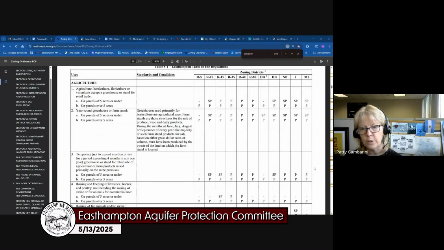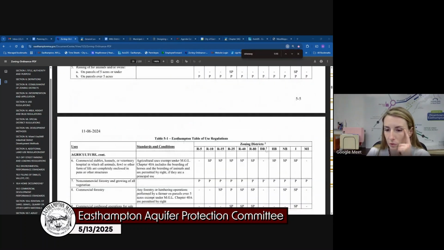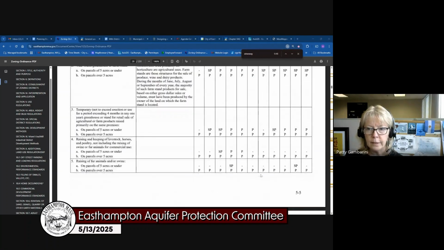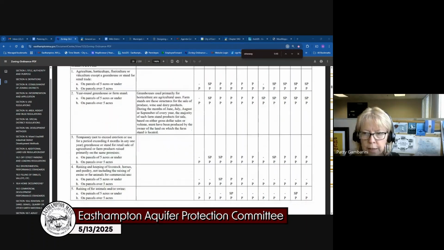And this is all agriculture, which is allowed by right. To clarify, for those who don't know, it's allowed by right by Mass General Law. If you go up one, there was this number 4, where it's not allowed in the R80.